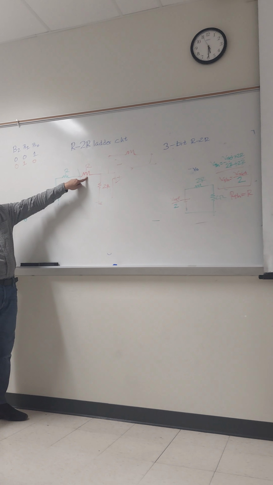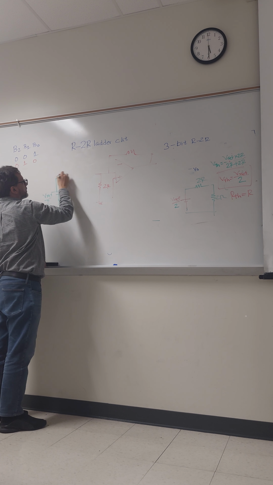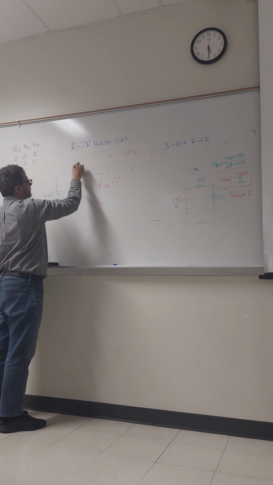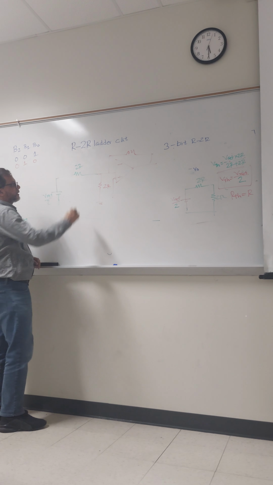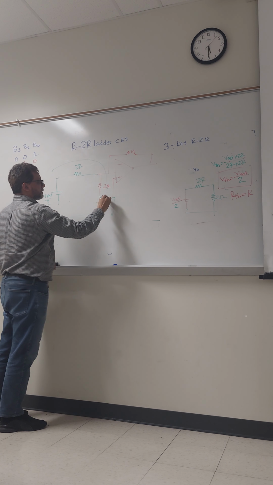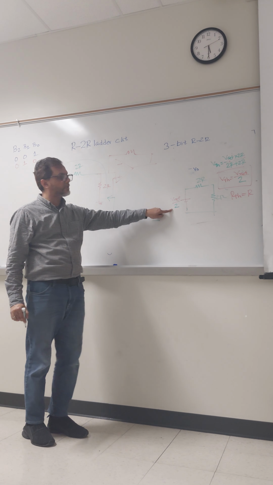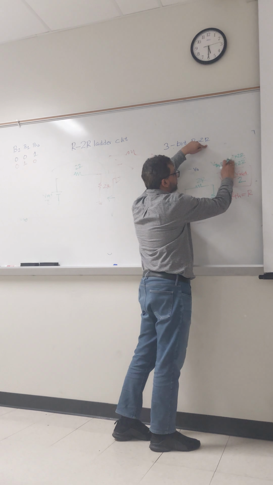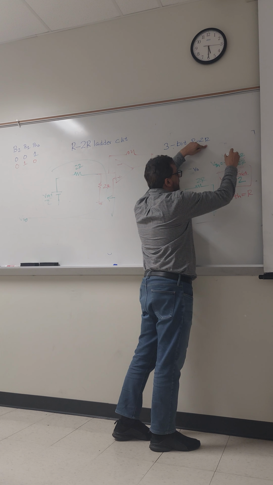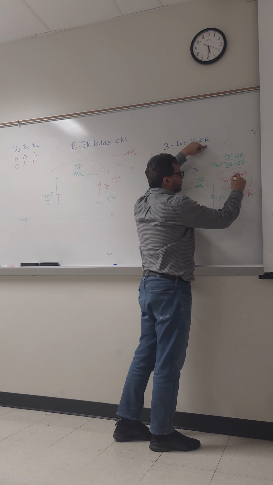These two are in series, so we can remove one of the resistors. This is twice R. Now you have to look for this one from here. So now it will be V reference by 2. So you have to put V reference by 2 here. So it will give you V reference by 4.